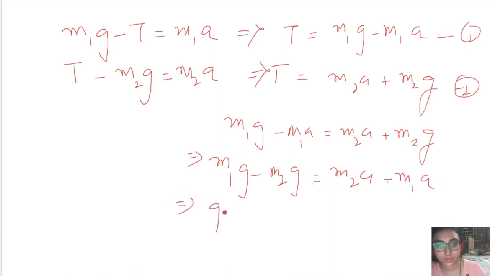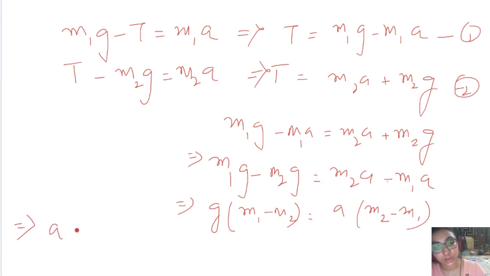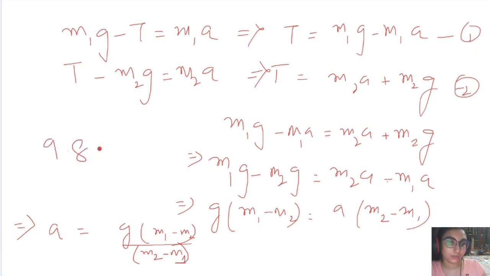So it will be g common लेके (m1 minus m2) equals a into (m2 minus m1). So from here we're getting the acceleration as g into (m1 minus m2) divided by (m2 minus m1). Acceleration due to gravity is mostly 9.8, but in some cases, sorry, 9.8.